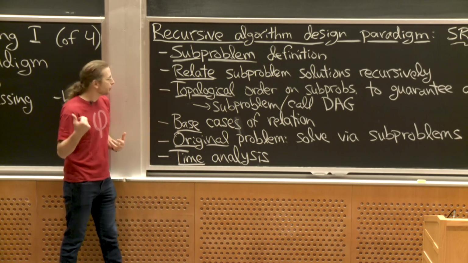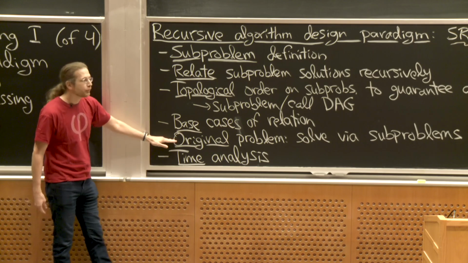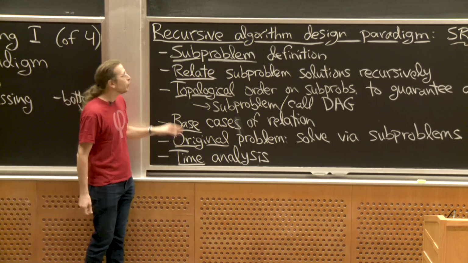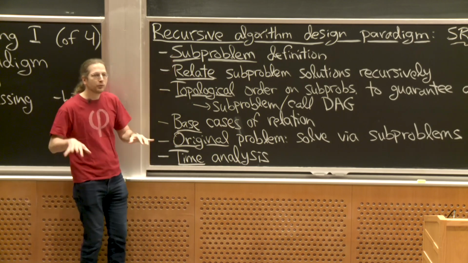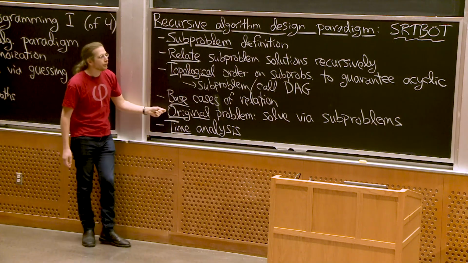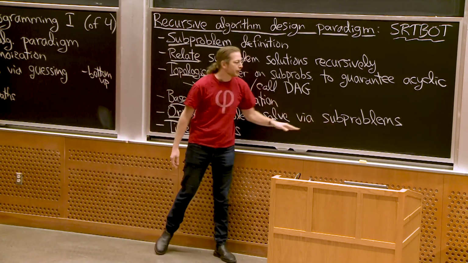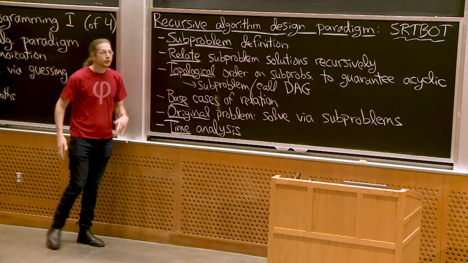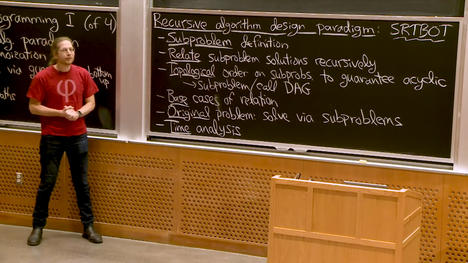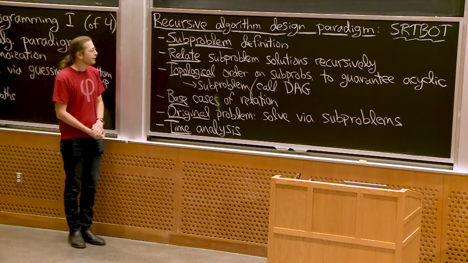Often the problem you want to solve, this is actually near the last step, the original problem you're trying to solve, is often one of these subproblems, and then you use the smaller subproblems in order to build up the final original problem. But sometimes at the end you need to take a bunch of subproblems and combine them into your original problem. One analogy you can think of here is divide and conquer algorithms, which also had this kind of style.